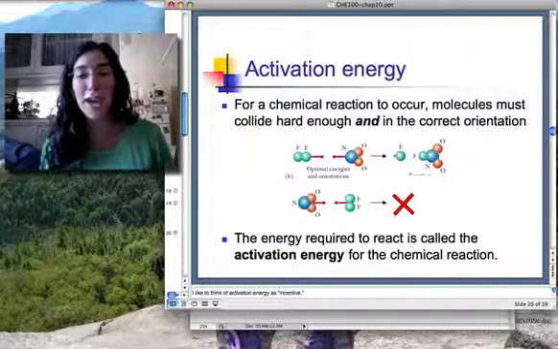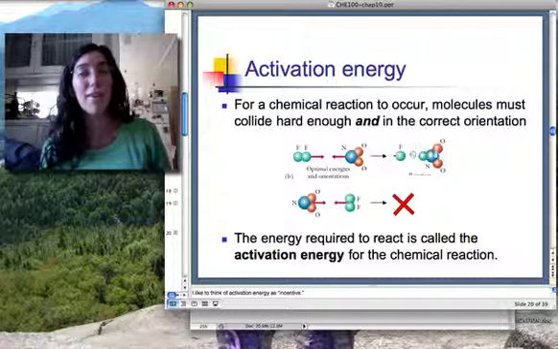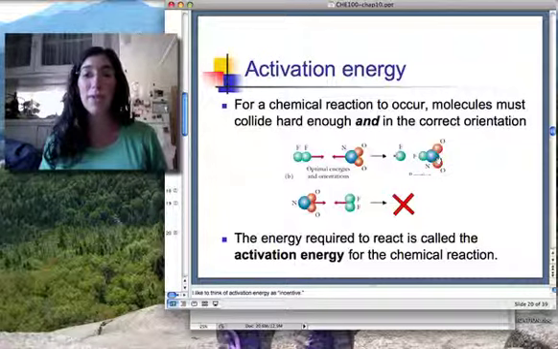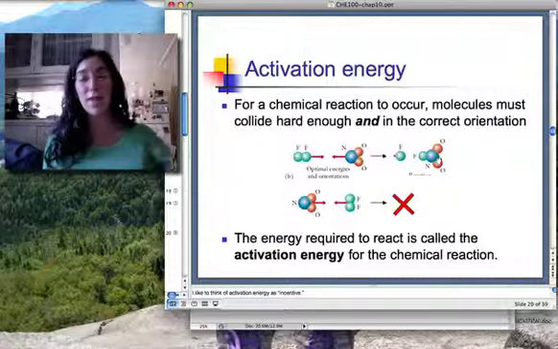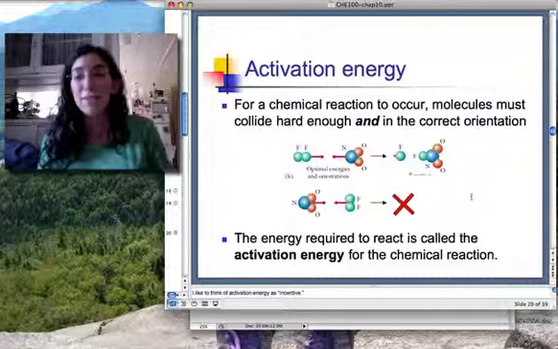So if the molecules crash in this orientation, no bond forms. If they crash in this orientation, then one bond breaks and the other one does form. Okay, so orientation and speed are both important when it comes to chemical reactions taking place.